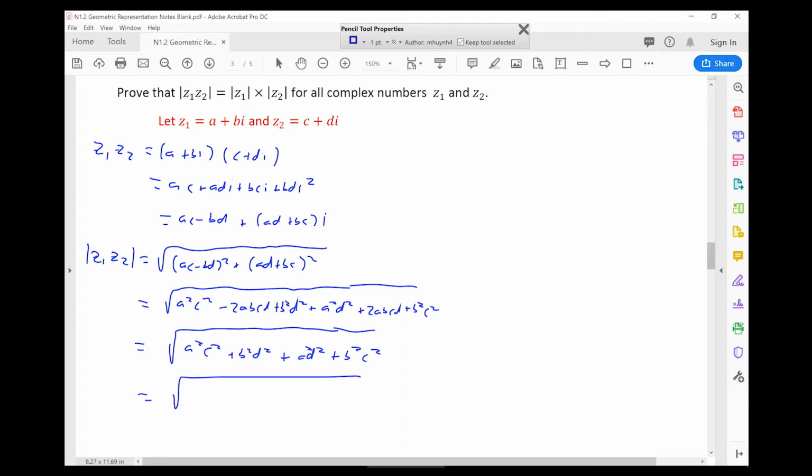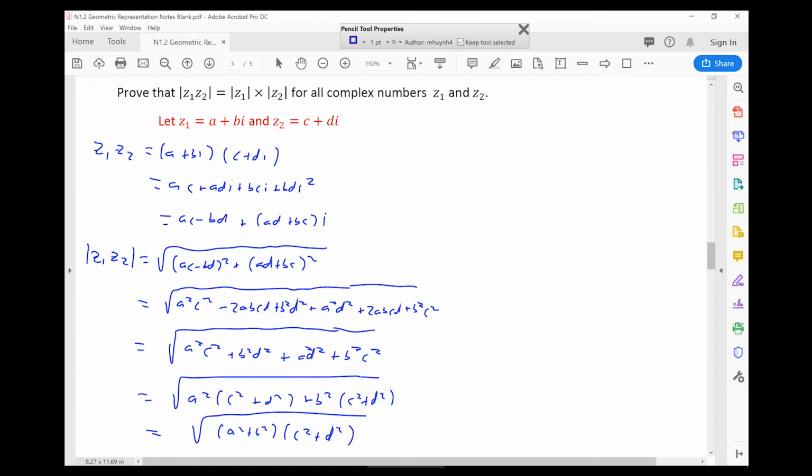If you ever get stuck, just start working the other side and see if you can get something to equal this wherever you're up to. For this one, I'm going to factor out the a squared, putting the a squared c squared plus a squared d squared together. That gives me a squared times c squared plus d squared. If I do a similar thing for the b squares, I get b squared times c squared plus d squared. Then that gives us a squared plus b squared times c squared plus d squared.